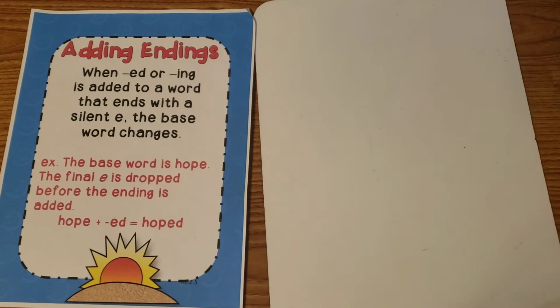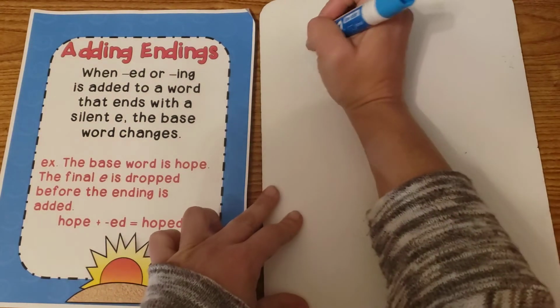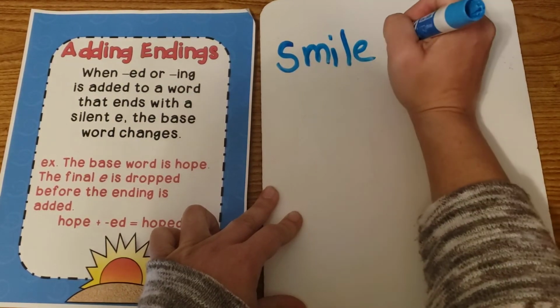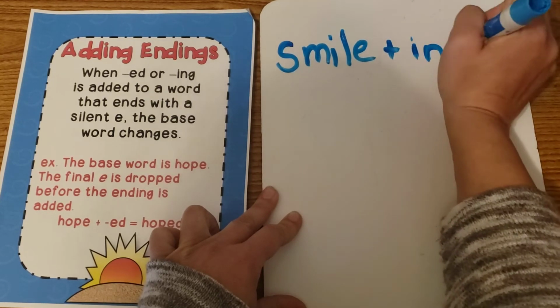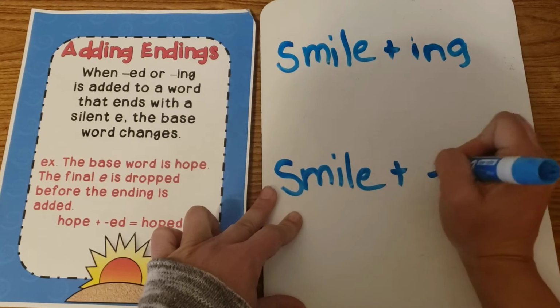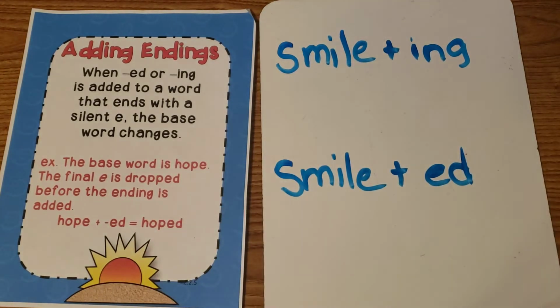We'll do one more example, and then I'll show you how to make the practice activity for today. Let's see. We'll do smile plus ing, and we'll do smile plus ed. So we'll do it both ways here.